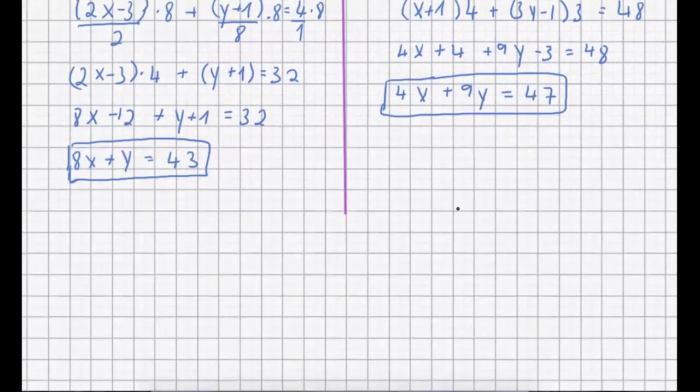Do you have any questions? No. So now you have two equations with two unknowns, x and y. This is what you want to get to: an x and a y on one side and a number on the other side. Yes.